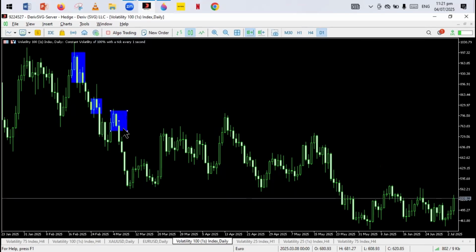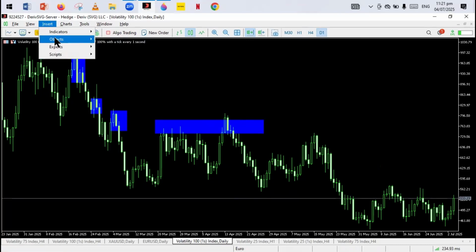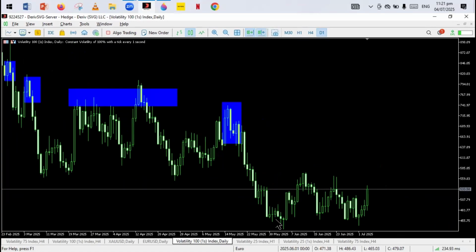We have a tweezer top, lower low, lower high. We have a bearish engulfing, and then lower low, lower high.